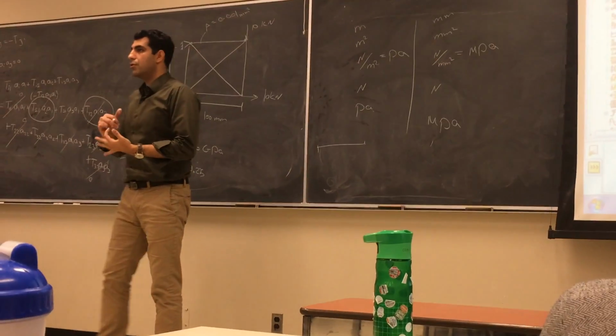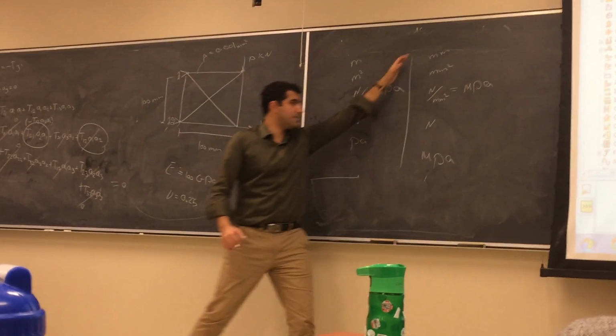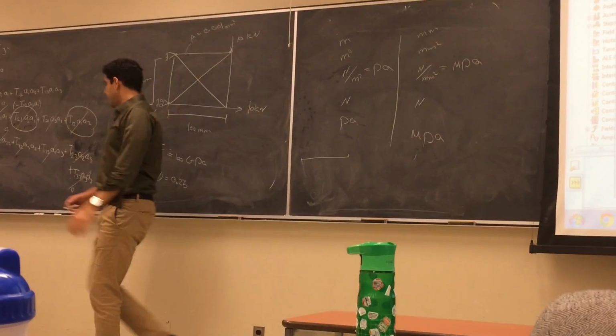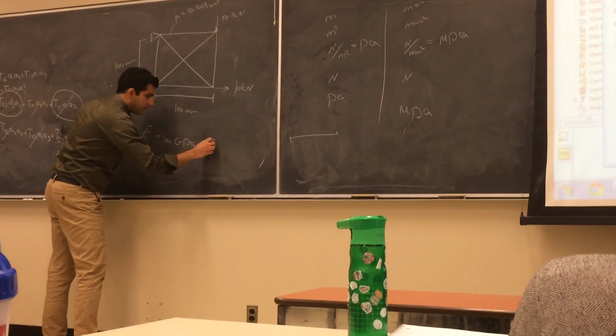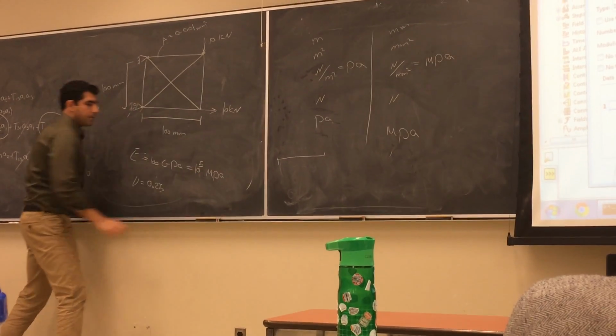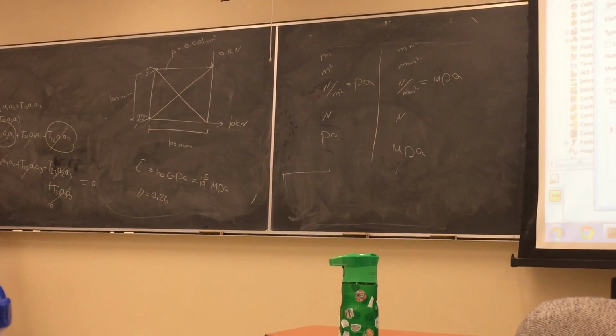Stresses, pressure, or Young's modulus, since we are dealing with these units here, we have to give it as megapascal. So 100 gigapascal is actually 10 to the power of 5 megapascal.